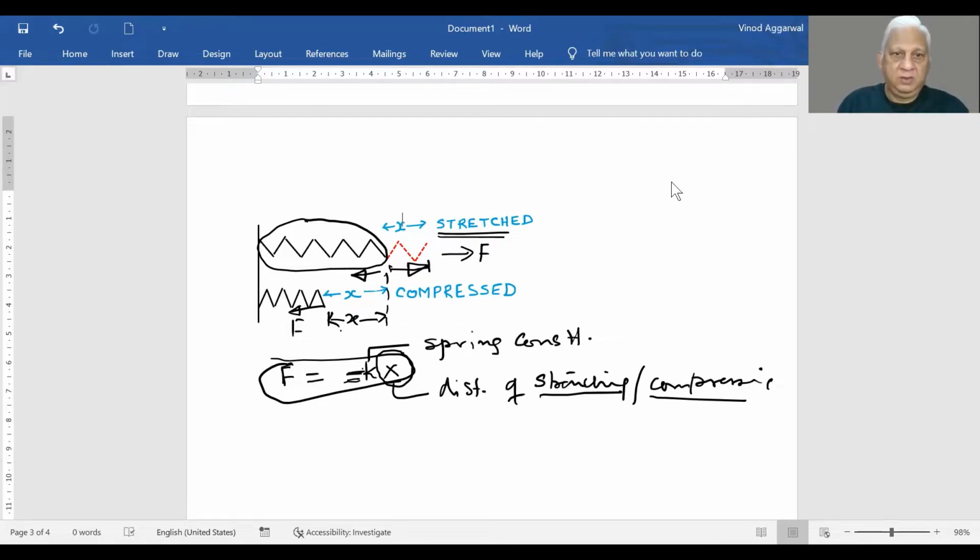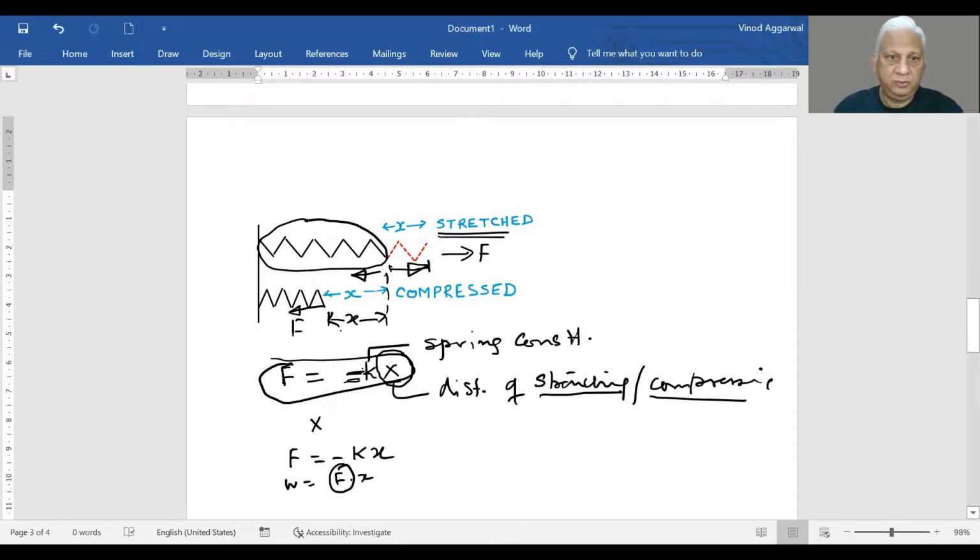Now let's find out how much is the work done if you compress a spring by a distance x. Can we find out the work done? Okay. We cannot find work done simply by multiplying F into x. Why? Because F is varying with respect to x.